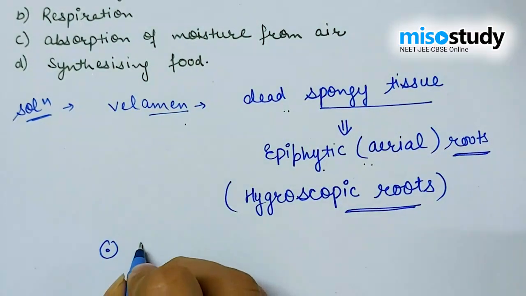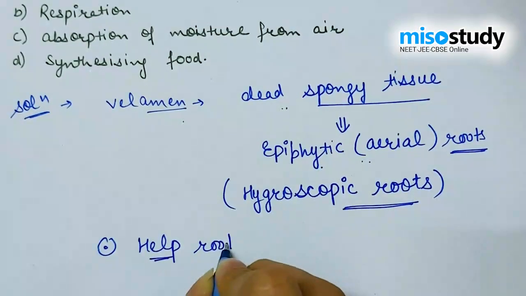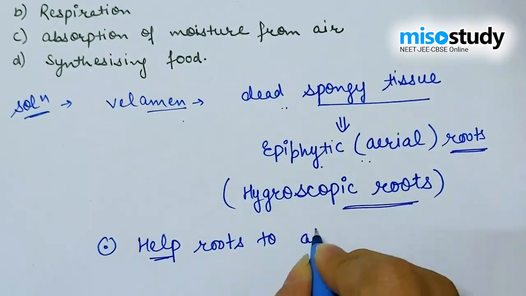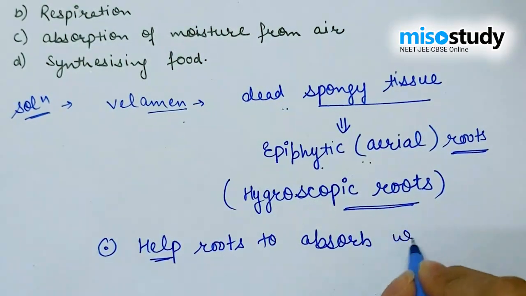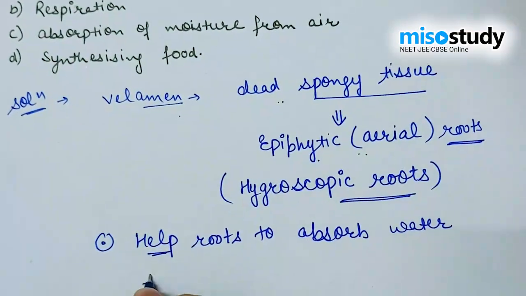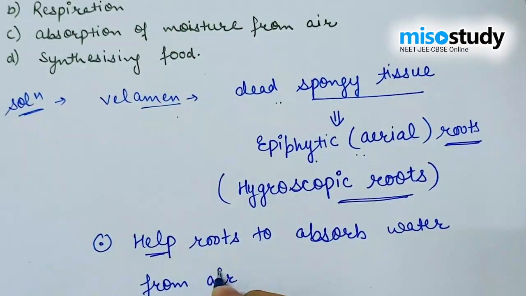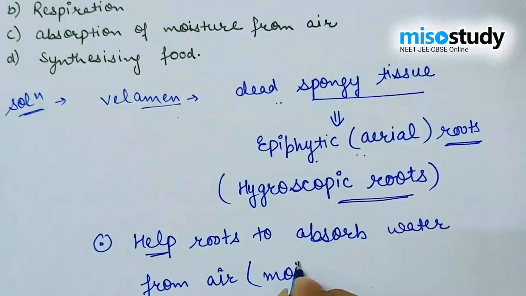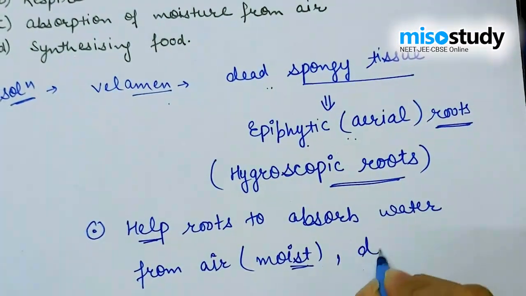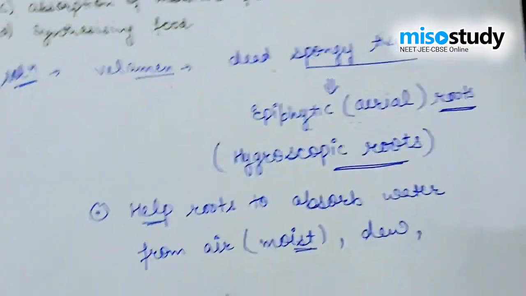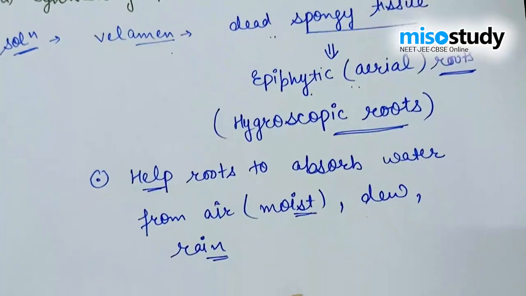Velamen will help roots to absorb water from air, generally the moist atmosphere or the moist air in the form of dew, rain, and all that.